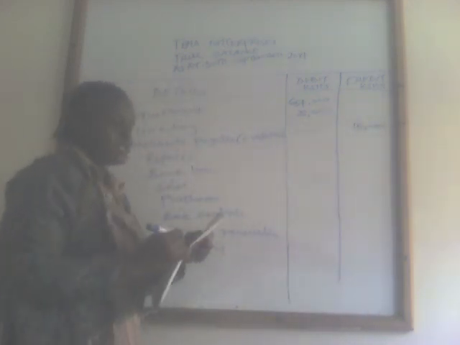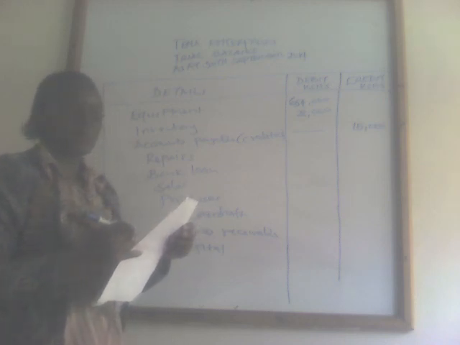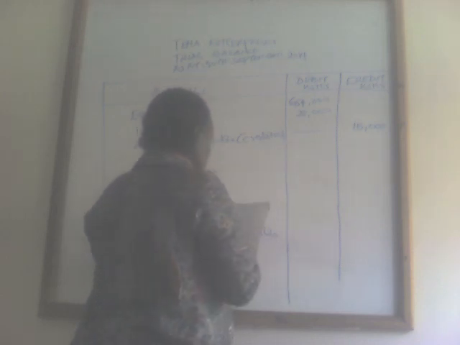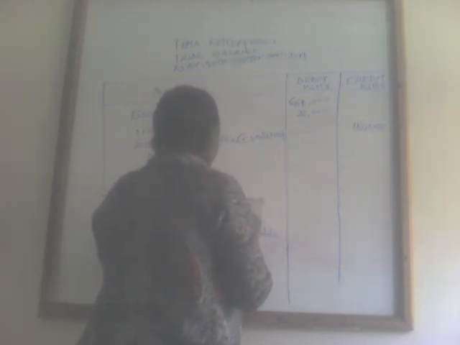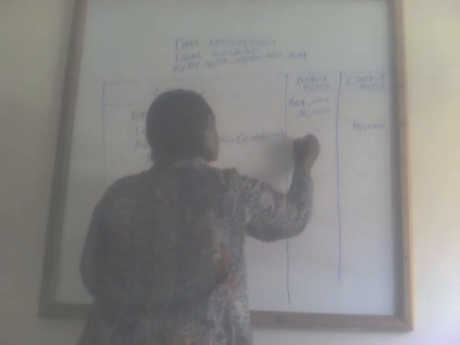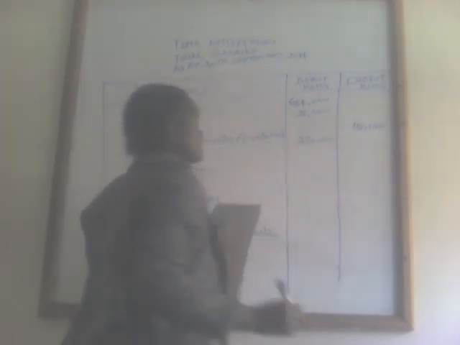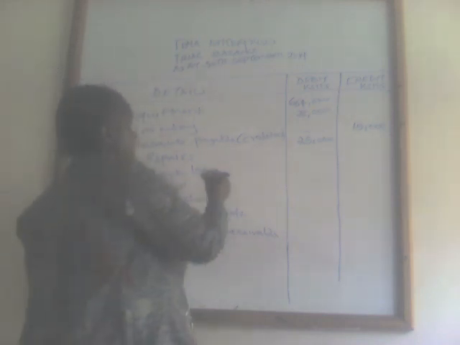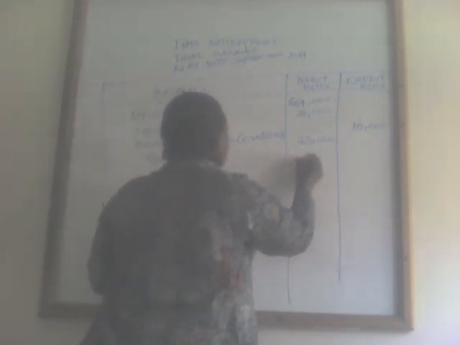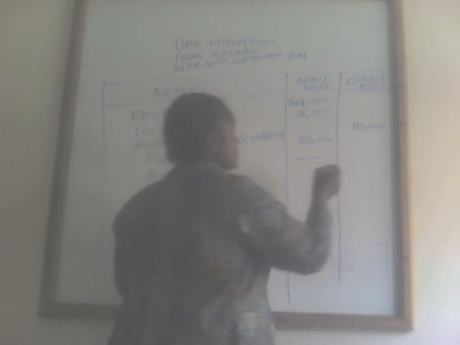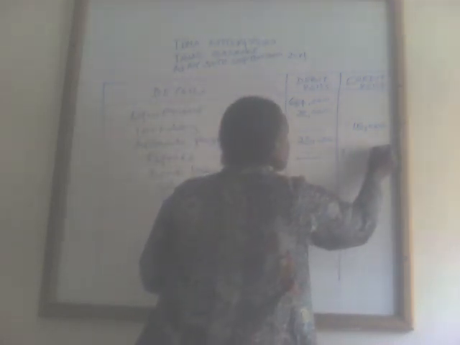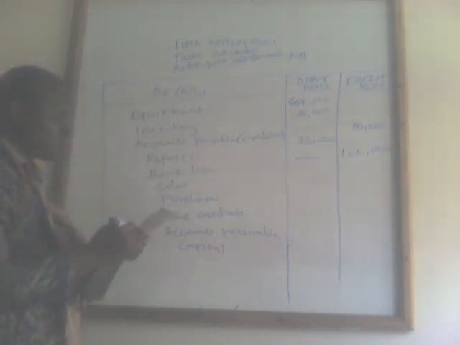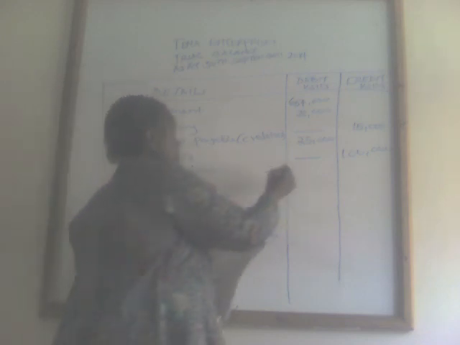Repair is an expense. Expenses always are debited. So we write repairs on the debit side, 25,000. Make sure you align your figures. Then bank loan is a liability. Record on the credit side, 100,000. Sales as a rule is supposed to be credited.